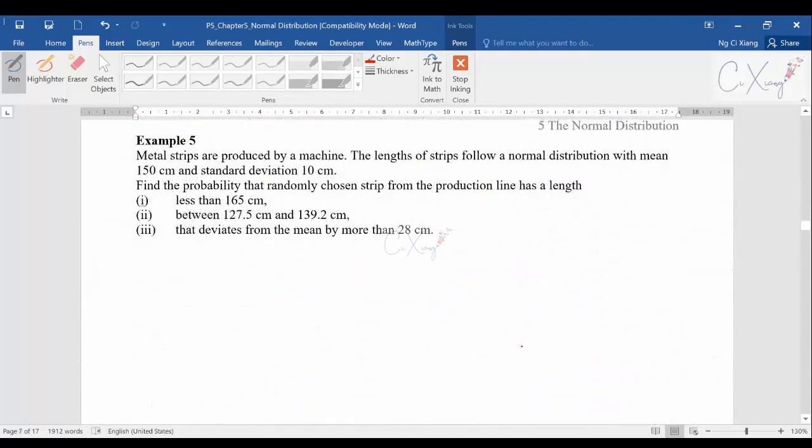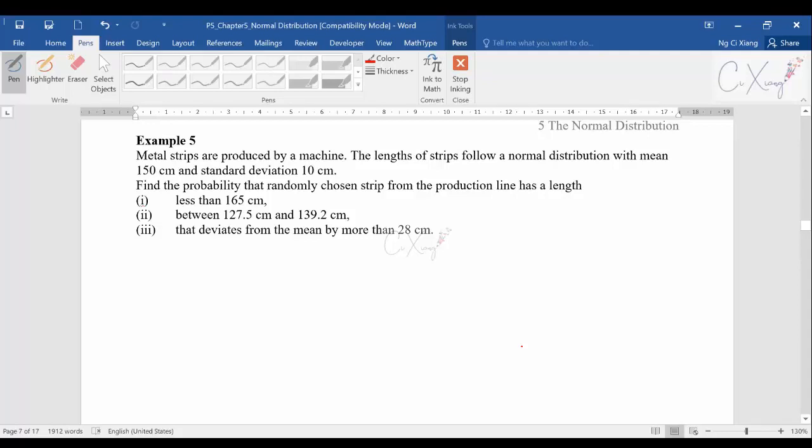Okay, so for the next part, example 5 and example 6 belong to the application questions, which are more like example type 1, right? Before we try out all these application questions, there's a thing that you need to know.